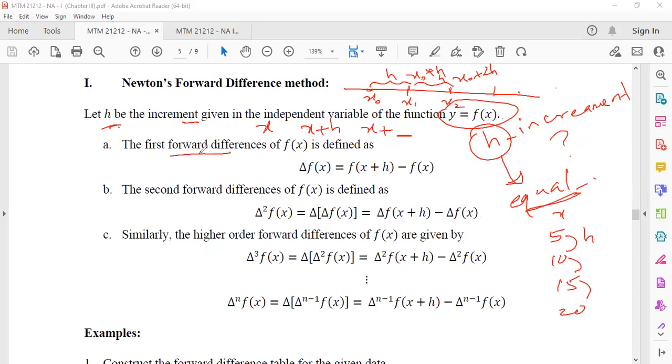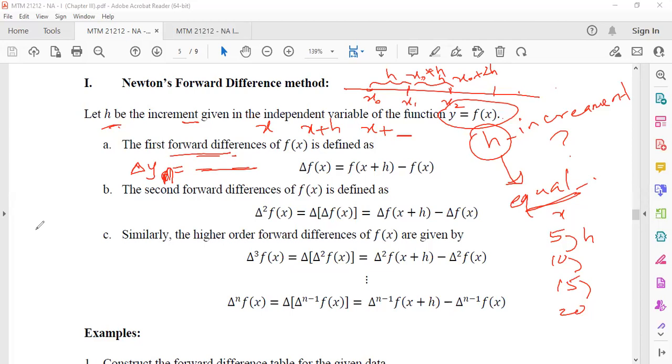The first forward difference, as we've seen earlier, delta y0, which is equal to what? For example, if I say yn, delta yn, what will this be? Yes, good. Everyone gave correct answers.